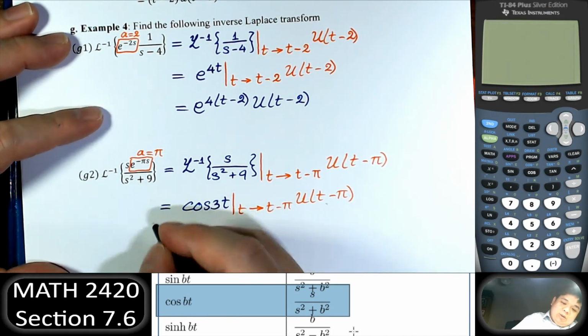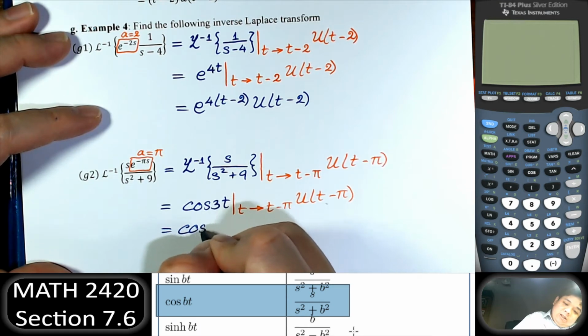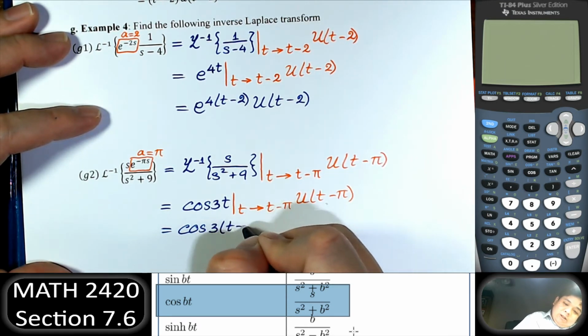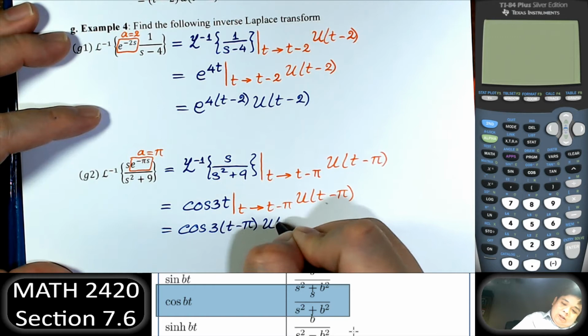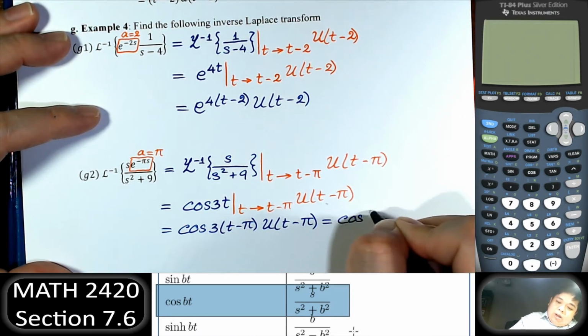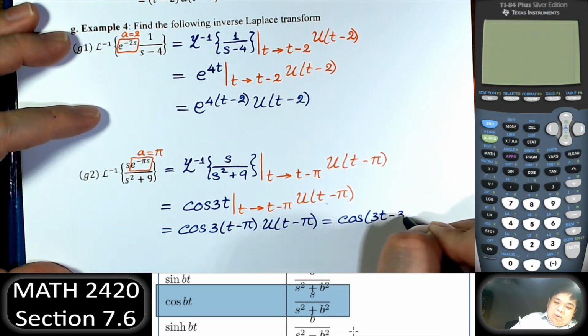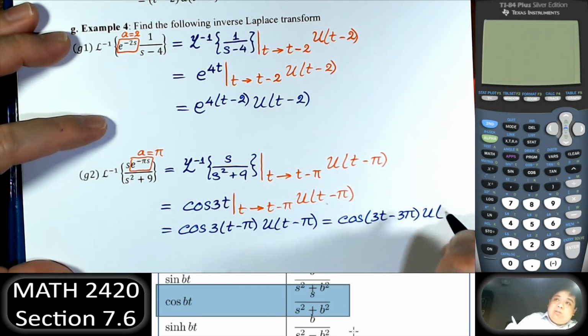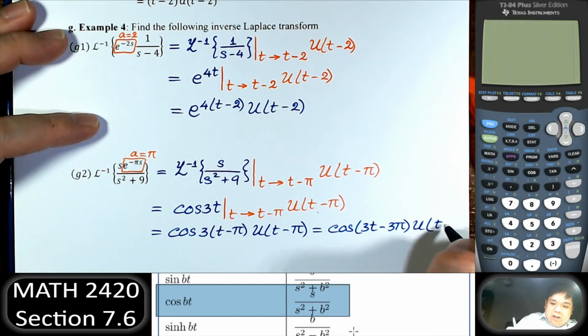Substitute that in for t. Multiply it out, cosine 3t, 3 pi, u of t minus pi.